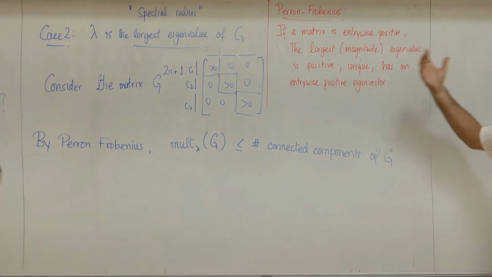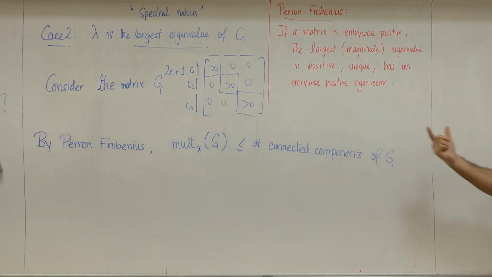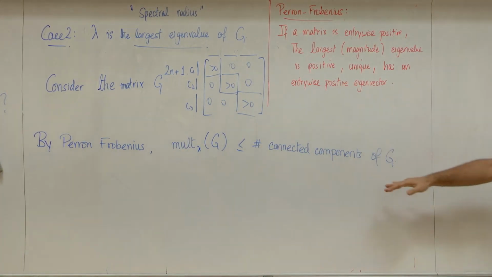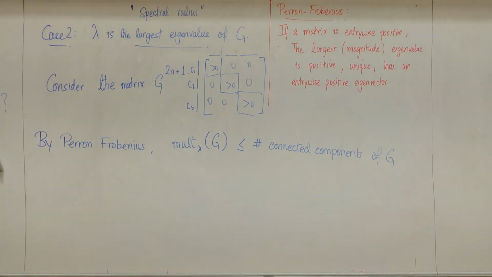In every block I can apply Perron-Frobenius. The largest one can only appear once, so the multiplicity of lambda is at most the number of symmetry components in G. Okay.